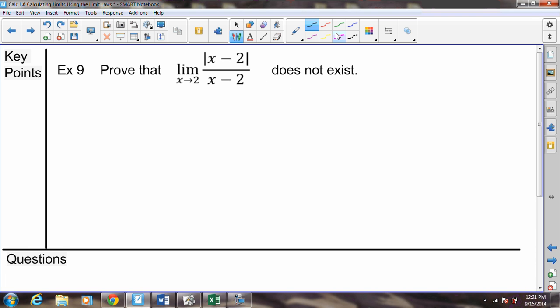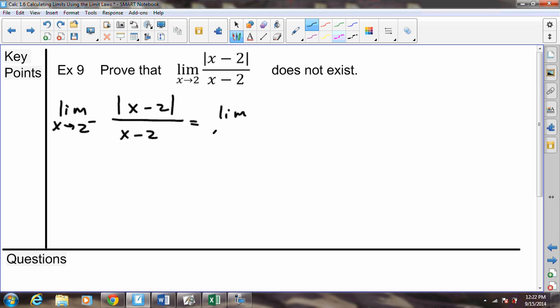Similar in structure. If we were to take the left-hand limit as x approaches 2 from the left of absolute value of x minus 2 over x minus 2, note that since we're approaching from the left, these are negative numbers. Because we're taking like 1.9 subtract 2, that'll be a negative.